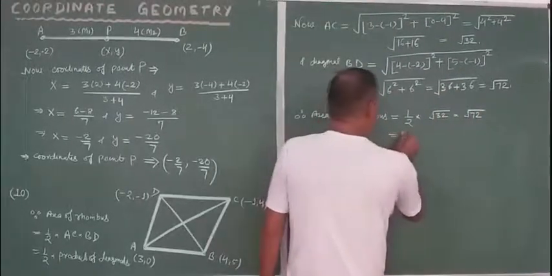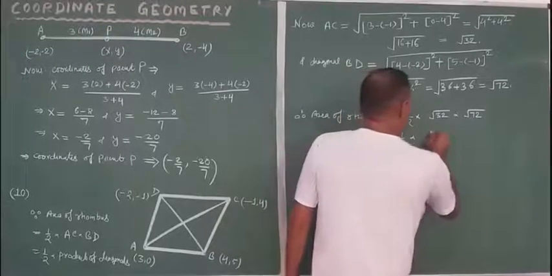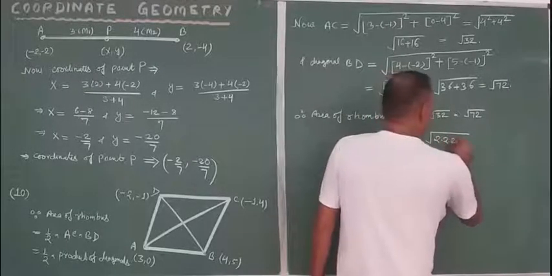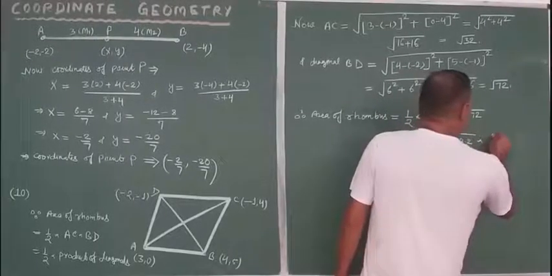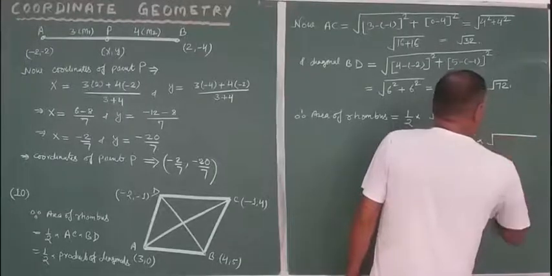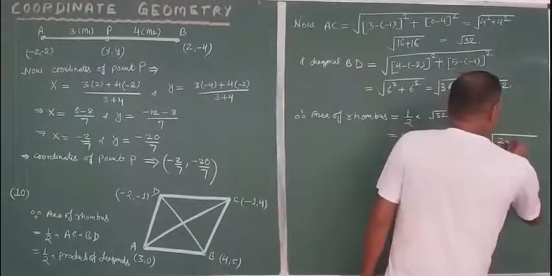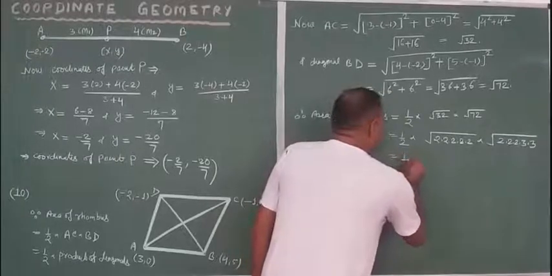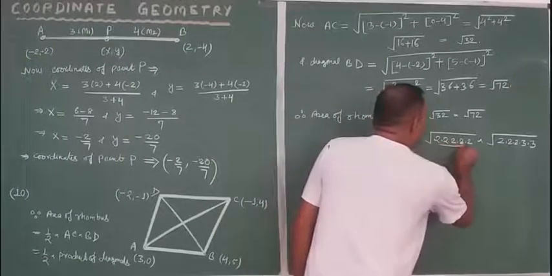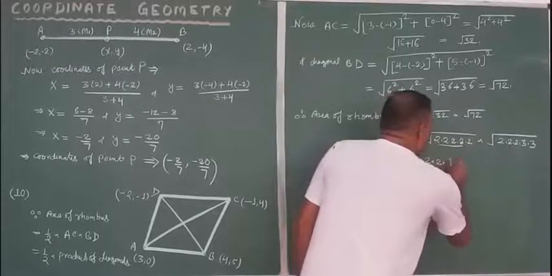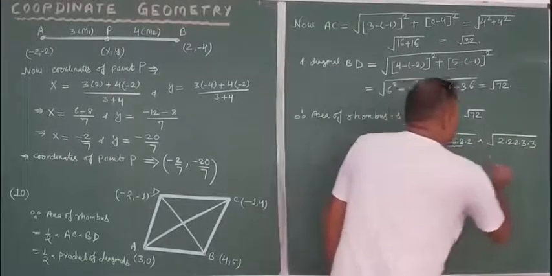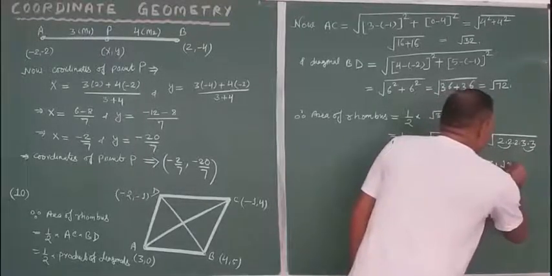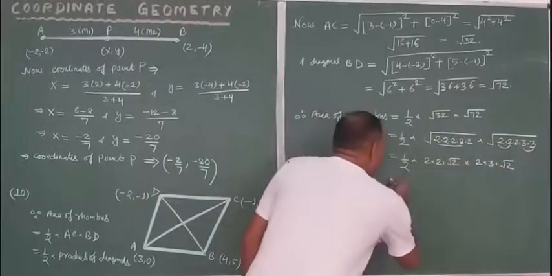Now let us calculate. 32 is 2 into 2 into 2 into 2 into 2, and 72 can be broken as 2 into 2 into 2 into 3 into 3. Then this 2 into 2 can be taken outside, under root 2 will be left inside. And here, one pair of 2 and a 3 can be taken outside, and under root 2 will be left inside the symbol.